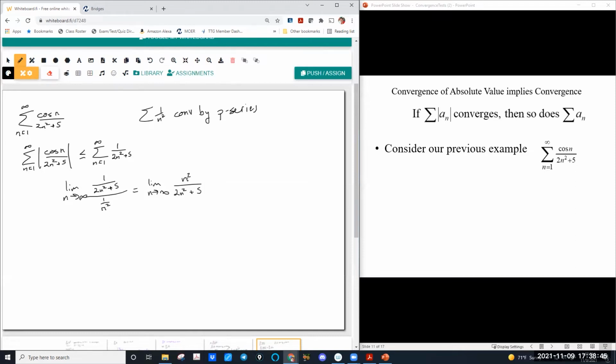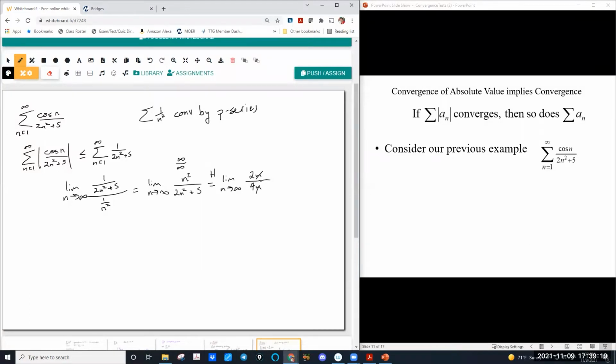Now, this limit can be calculated a couple different ways. One is we can say, hey, this is basically just a rational expression and just identify its horizontal asymptote. But I want to give you a little bit more practice with L'Hopital's because n squared goes to infinity, and 2n squared plus 5 goes to infinity. So this is another infinity over infinity case. We can apply L'Hopital's. Limit as n goes to infinity, we're going to have 2n over 4n plus 0.